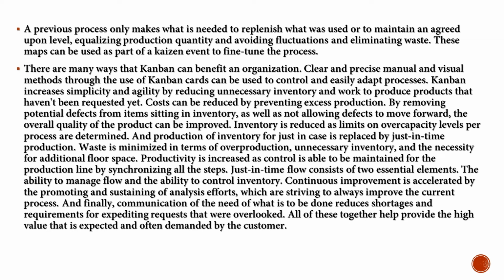So a previous process only makes what is needed to replenish what was used or to maintain an agreed upon level, equalizing production quantity, avoiding fluctuations and eliminating waste. These maps can be used as a part of a Kaizen event to fine-tune the process.